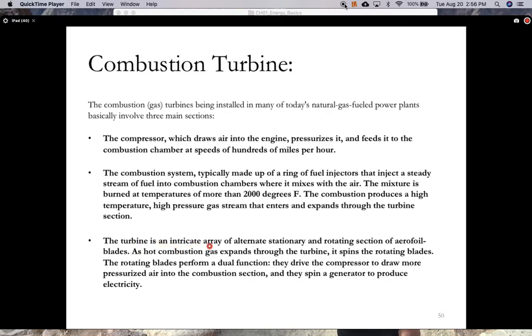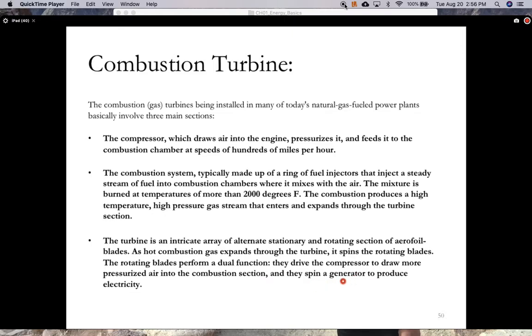The turbine is an intricate array of stationary and rotating sections of airfoil blades. As hot combustion gas expands through the turbine, it spins the rotating blades. The rotating blades perform a dual function. They drive the compressor to draw more pressurized air, and they spin a generator to produce electricity.